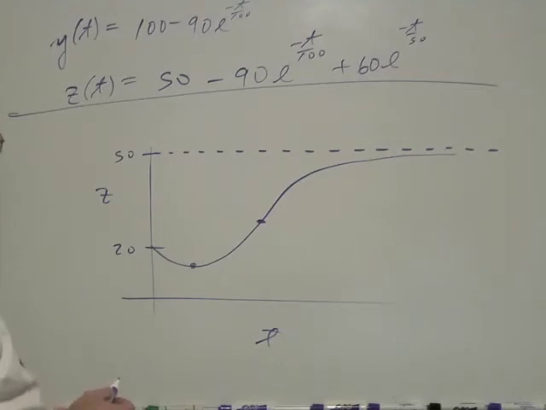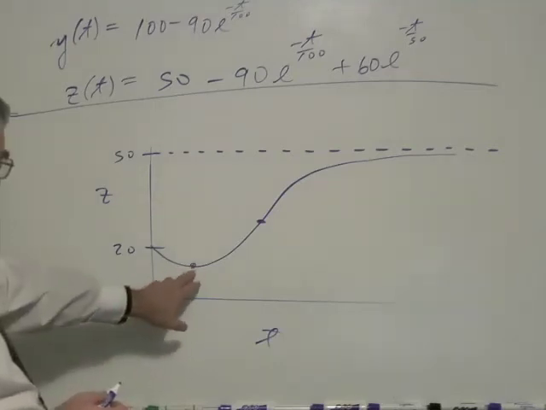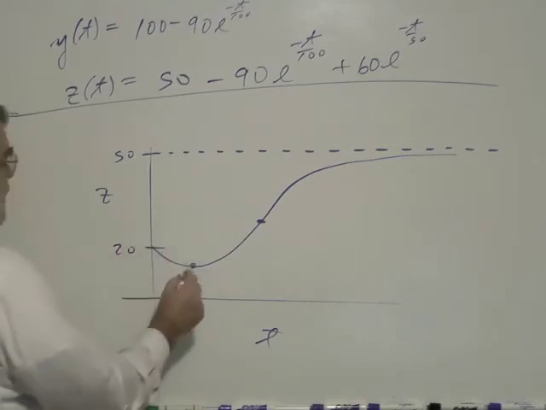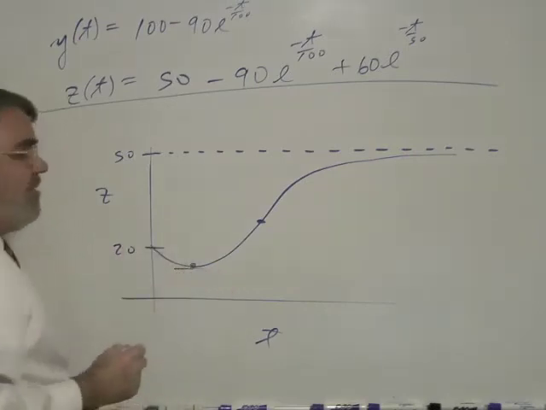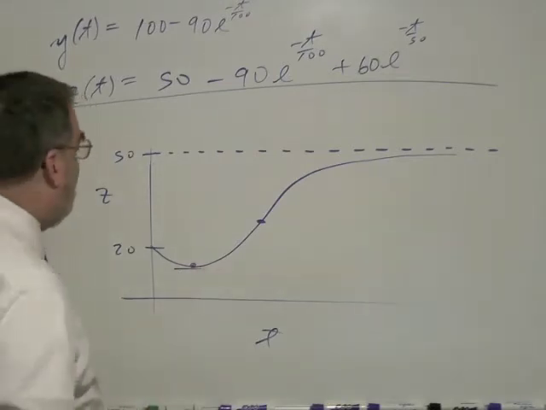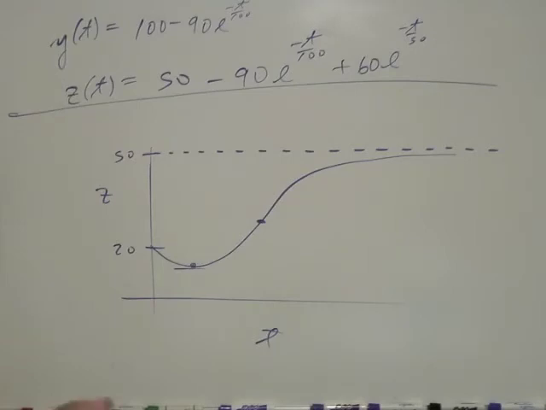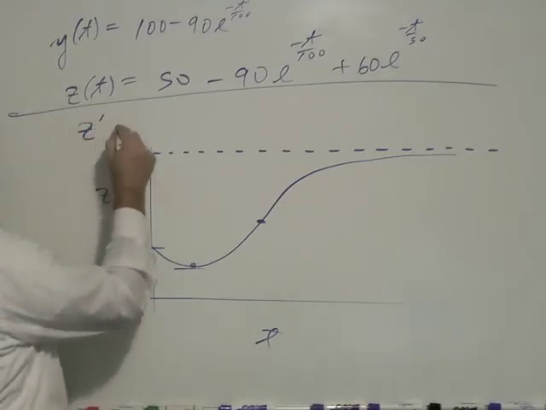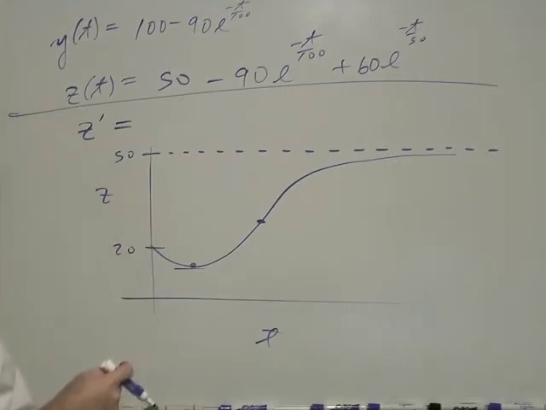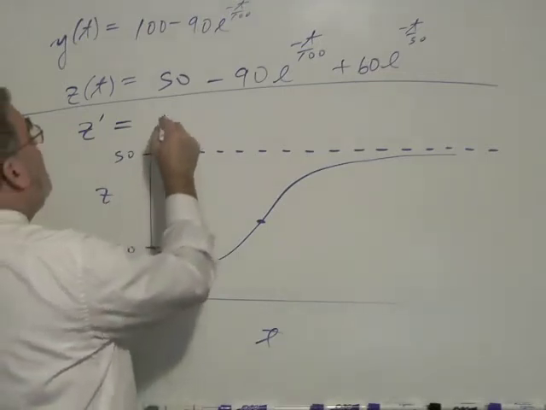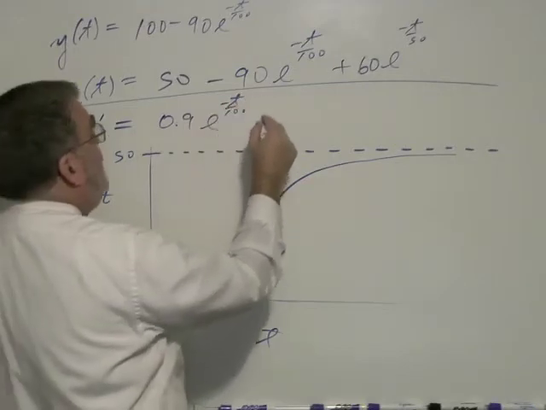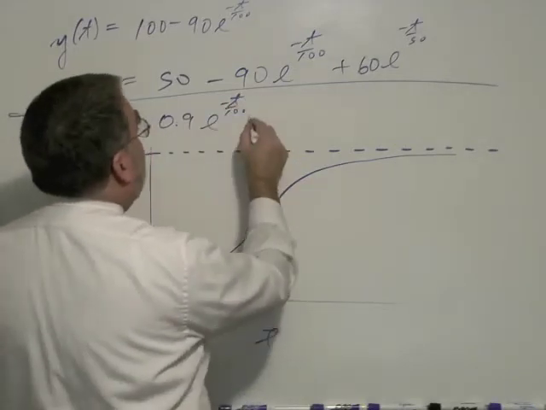So to do so, we'll need to, first of all, let the first derivative equal 0 here, because recall when the derivative is 0, that means the tangent line is horizontal. We have either a maximum or a minimum. So if I look at the first derivative of this function, first derivative is going to be 0.9 e to the negative t over 100, and then what would that be?